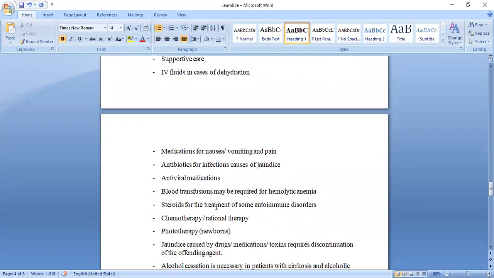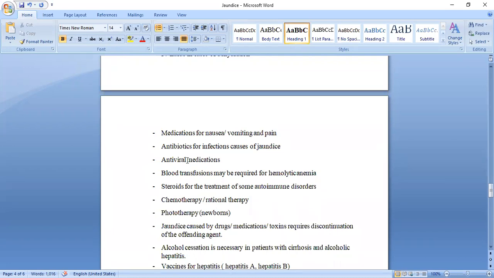Antiviral medications: if there is any viral infection, at that time we will give antivirals. Blood transfusion may be required for hemolytic anemia. If there is hemolytic anemia, we have to give blood from outside, which we call a blood transfusion.